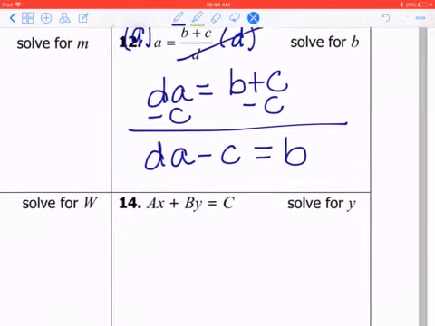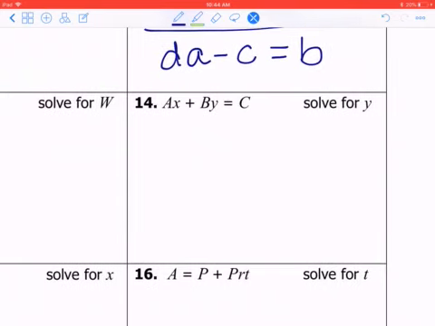Let's keep going. Number 14 says solve for y. So that's right here. So my first step would be to subtract ax.